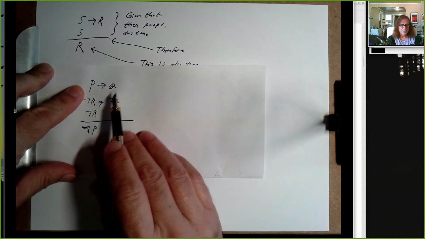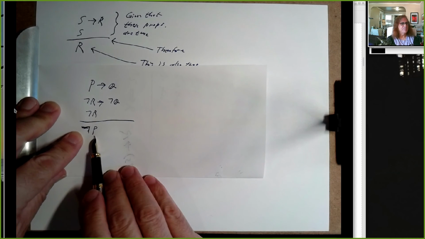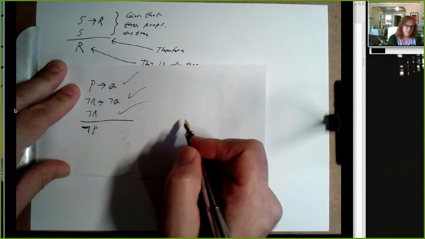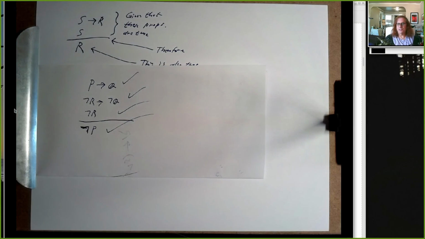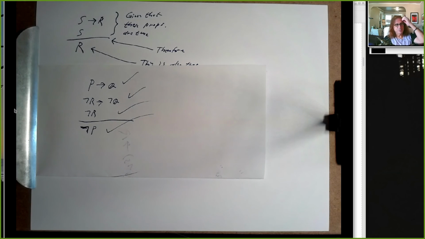If P then Q, if not R then not Q, not R, therefore not P. And that's a theorem which says if you know that these three things are true, then you're guaranteed that this thing is also true. So those are the kinds of theorems we want to prove this week. Given a set of propositions being true, we can conclude some other proposition.